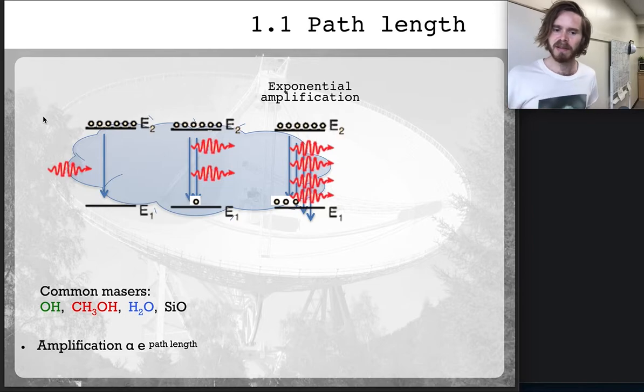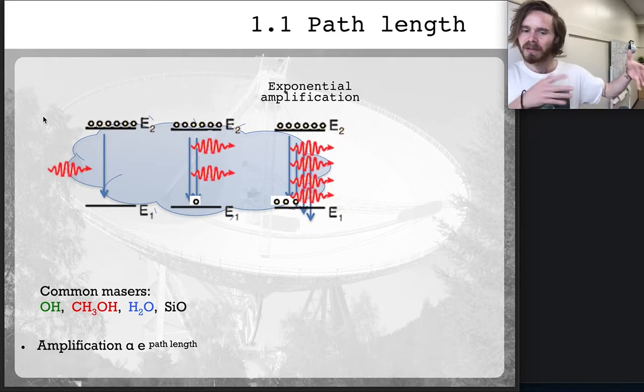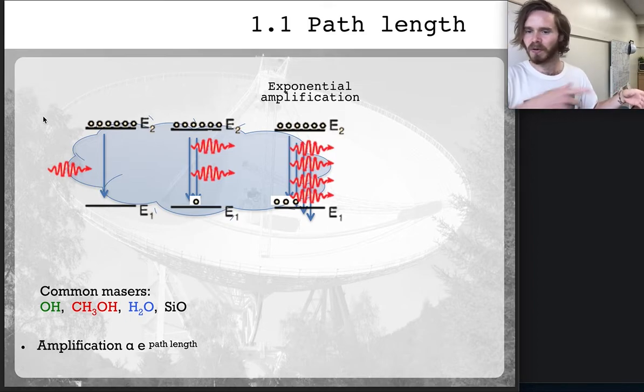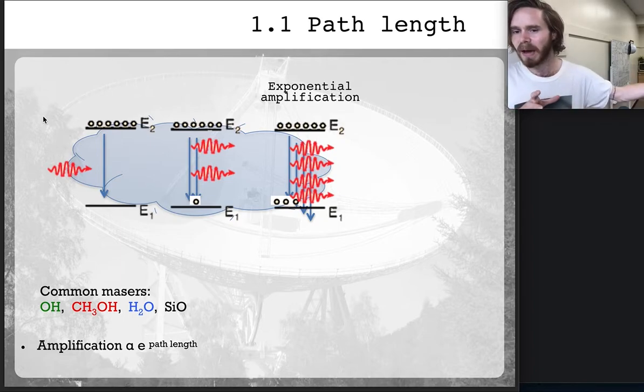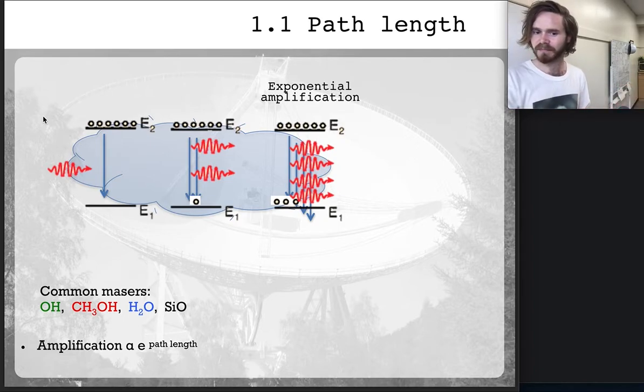So I think this might be the only math in the entire presentation, but the amplification goes as the exponential of the path length. So if you double the path length of your maser, then your amplification, so let's say you have 1 photon coming in, 2 photons coming out. If you double the path length, you then have 1 photon coming in, 4 photons coming out. So e to the power of the path length.